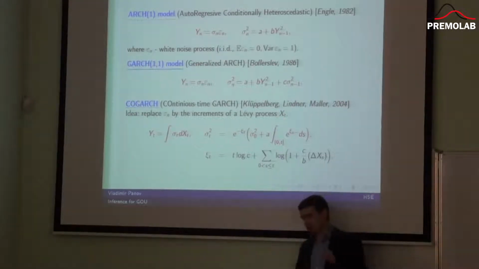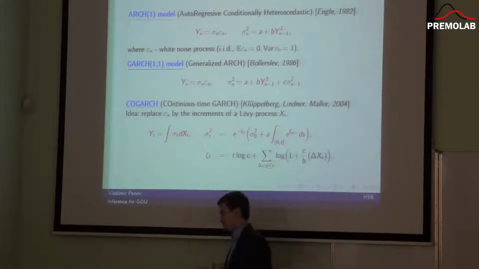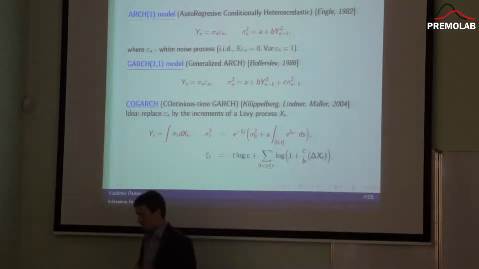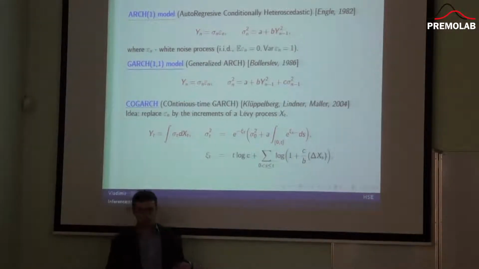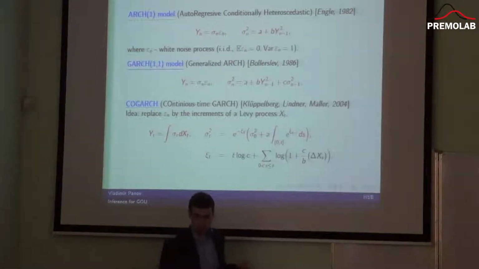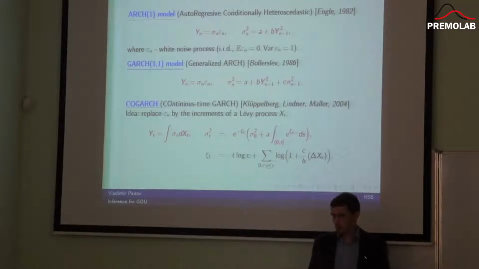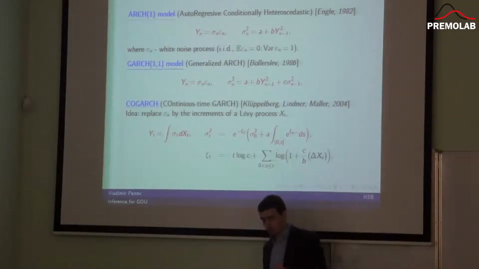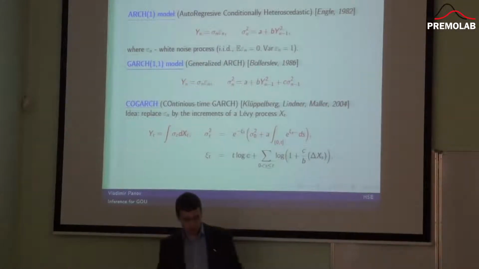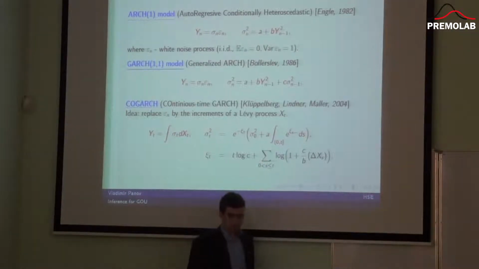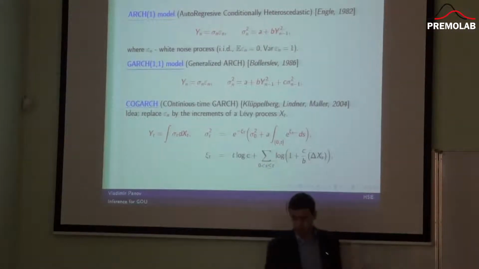The question is how to define a process in continuous time which will also capture all of these stylized facts. And the answer was given by Klüppelberg, Lindner, and Maller about 10 years ago. This model is called continuous GARCH, COGARCH.